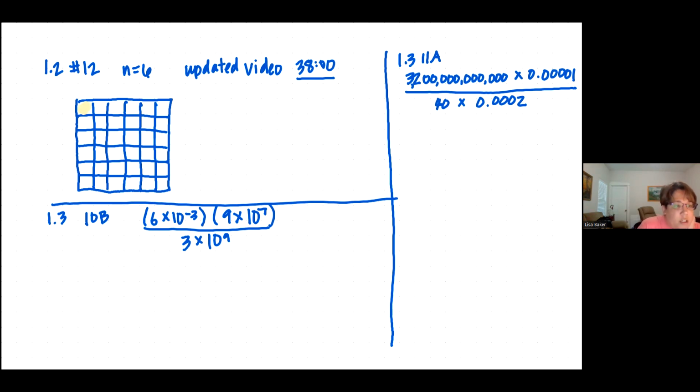But you also have 2 by 2 squares. However many of these 2 by 2 squares you could make, you have to count those. And then you also have 3 by 3 squares, however many of those you could make, and however many 4 by 4 squares, and however many 5 by 5 squares.